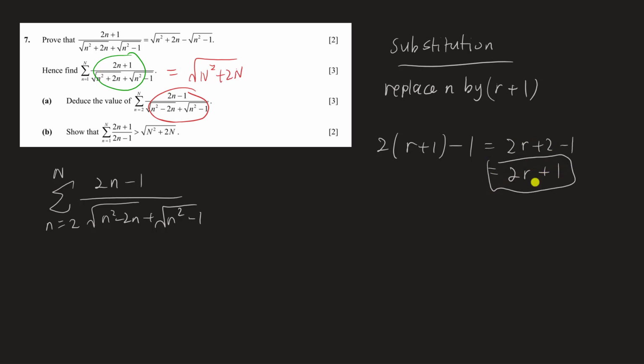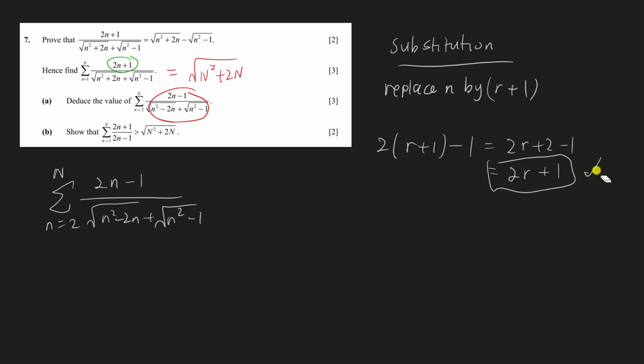It looks like the numerator here. Just that I changed the alphabet from n to r. So then what about the denominator? Would this work for the denominator? It has to work universally in order for you to say that this is an okay substitution.